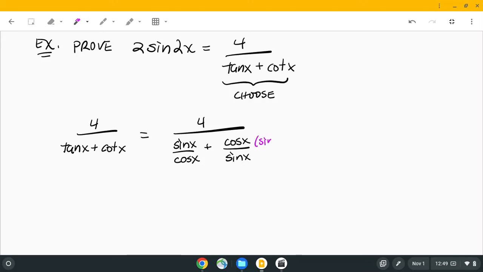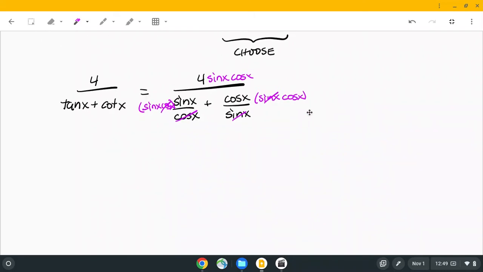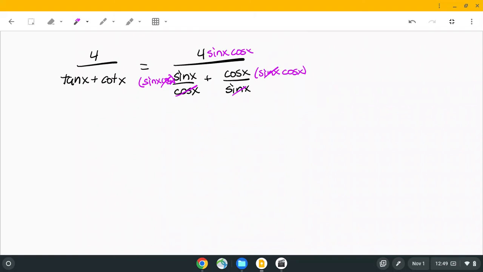So I want to cancel out the sine that's here in the denominator. So I'm going to multiply by sine. But I also want to get rid of this cosine here in this denominator. So that's why I'm multiplying by cosine. But I also have to do it up here. Nothing cancels up there.